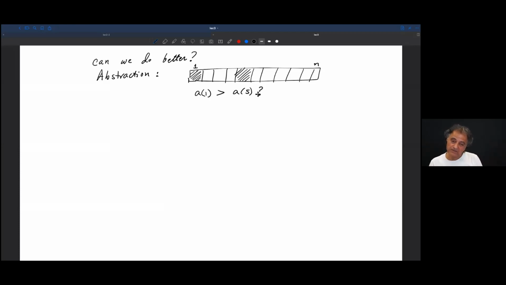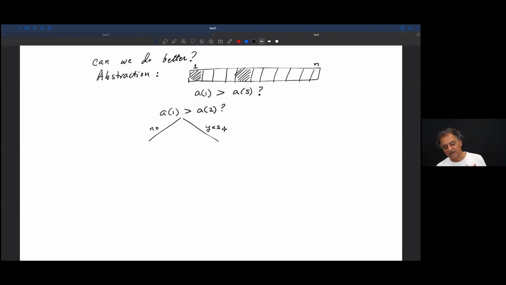Okay, so now here's another thing that we can do. Now that we make this abstraction, we can say any sorting algorithm looks like this. It starts off by making a comparison like this: is A1 bigger than A2? And the answer is either no or yes.